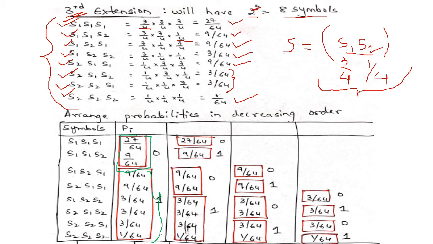So now both the group probabilities are approximately equal. So the first group is assigned with 0, the second group is assigned with 1.